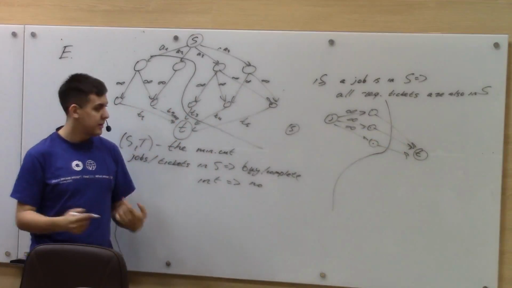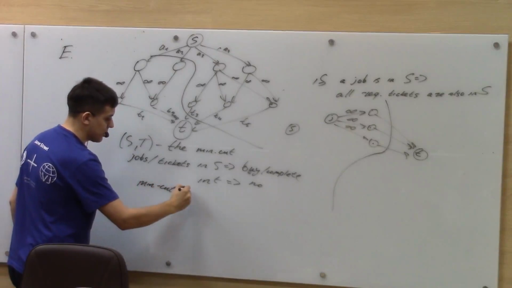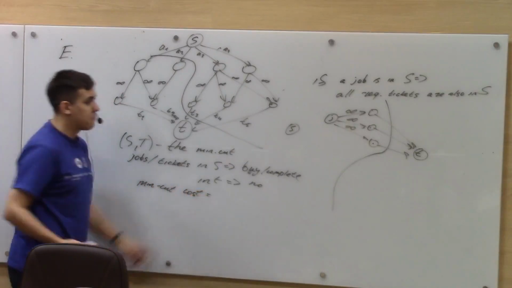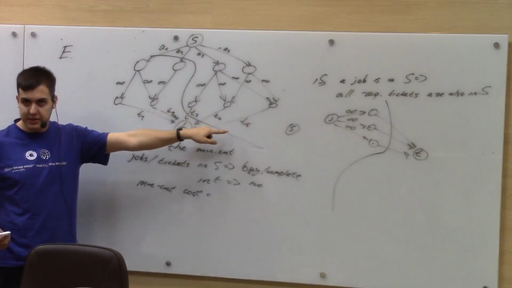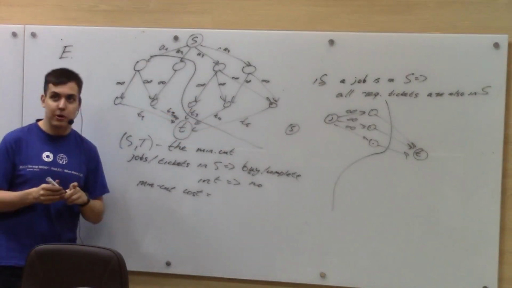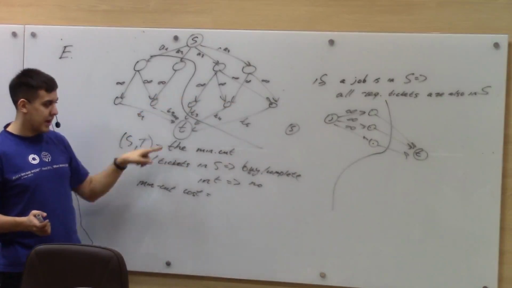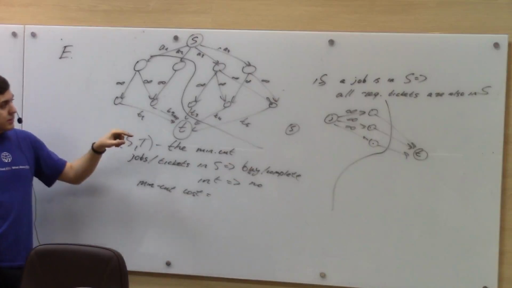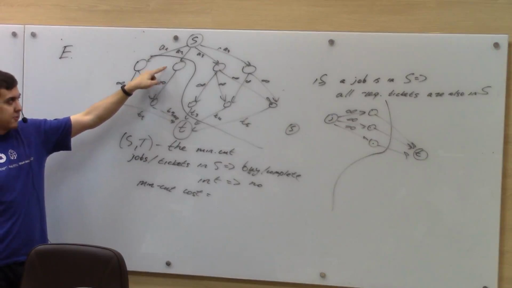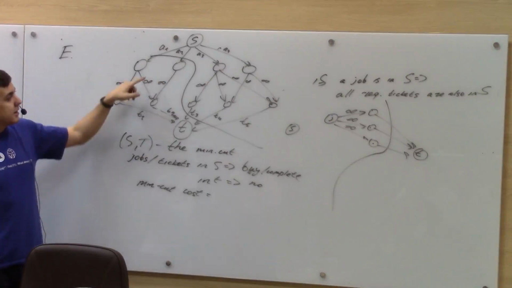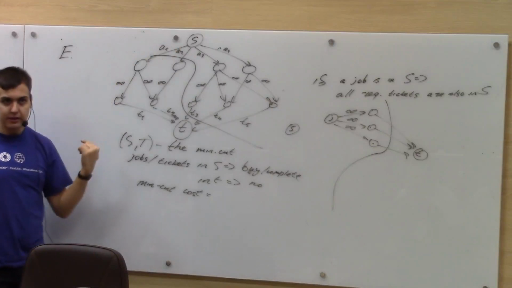So the min cut cost is both tickets plus, so we pay for all the vertices that correspond to tickets but are in S. And we also pay for all the uncompleted jobs. So for all the jobs that are not completed, we will pay the cost of the corresponding edge from S to that job.